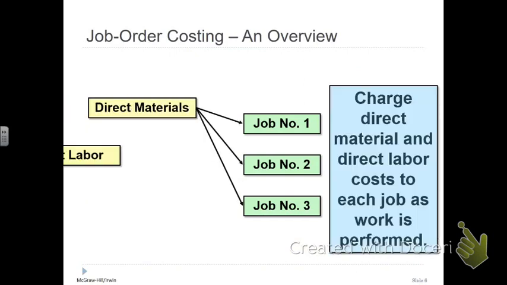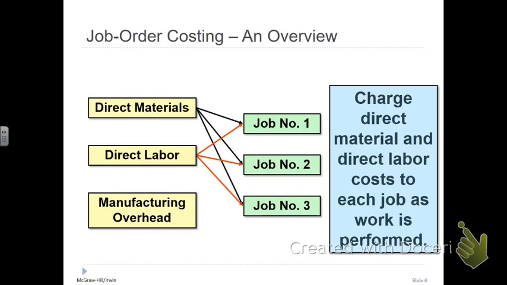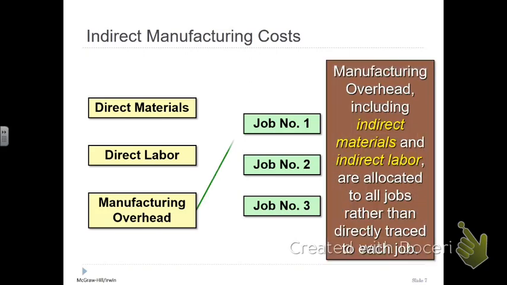In job order costing we're still going to have direct material, direct labor, and manufacturing overhead. The direct material and direct labor we're going to put onto each of the jobs as we complete the job. So when we send out 10 loads of lumber to build the deck, we're going to mark off that we sent out 10 loads of lumber to that particular job site. Then there's the manufacturing overhead, the nails.